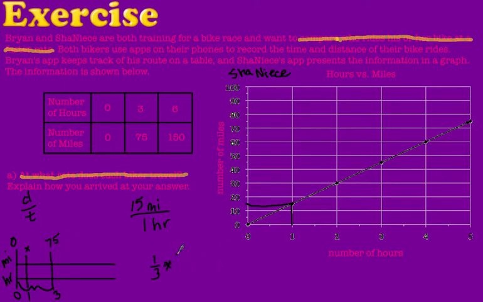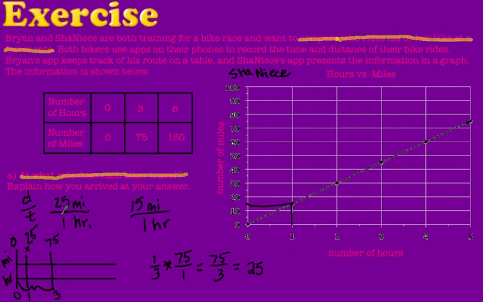So we take the 75, we multiply it by 1/3, and we end up with 75 over 3. And we know that this is a division problem, and that we get 25. So in 1 hour, Brian rides 25 miles.